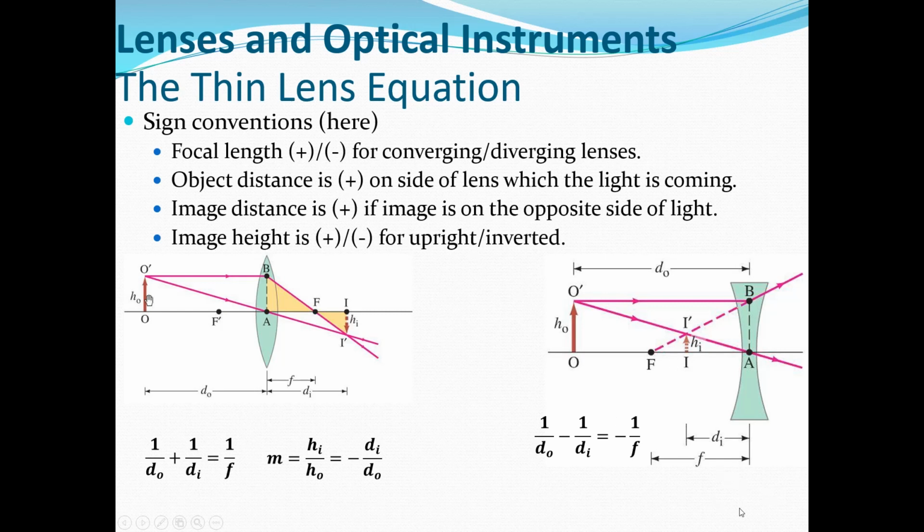However, you do want to be careful of this. In fact, I would probably advise not using this once we start dealing with combination lenses, because you'll find out then that this equation may not hold true. So I would stick with this more general equation and remembering these sign conventions.